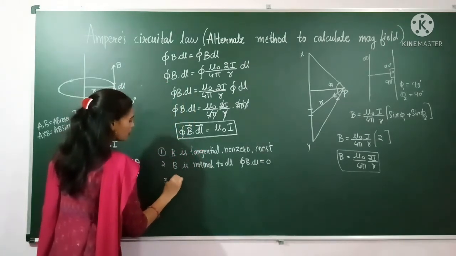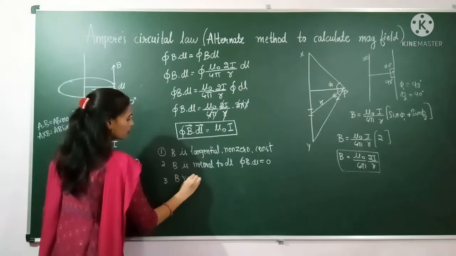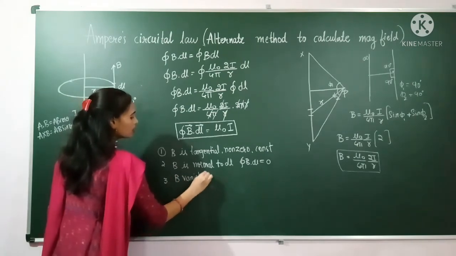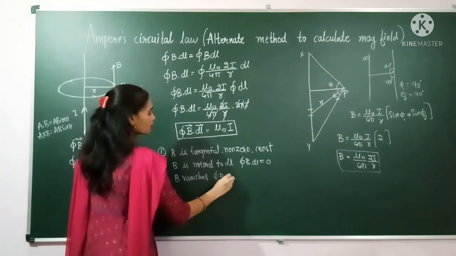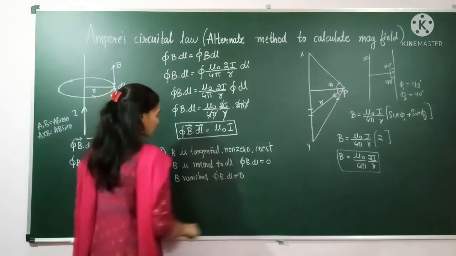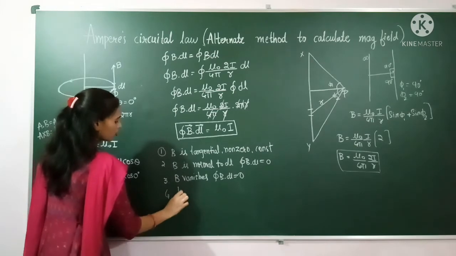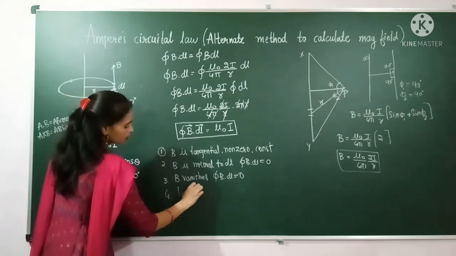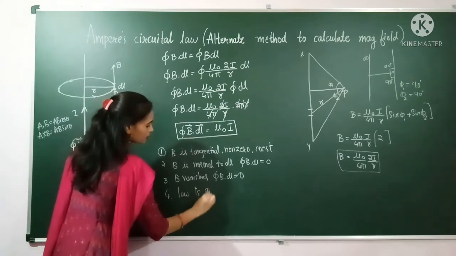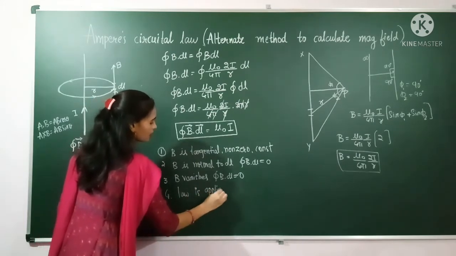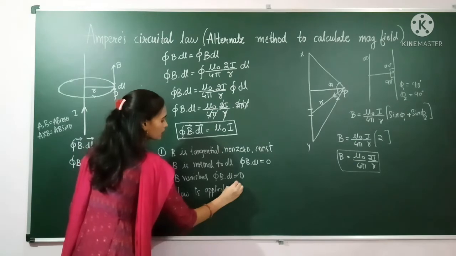Next, B vanishes, meaning if there is no magnetic field, in that case also the closed integral of B dot dl will be 0. And fourth, the law is applicable for higher symmetry.